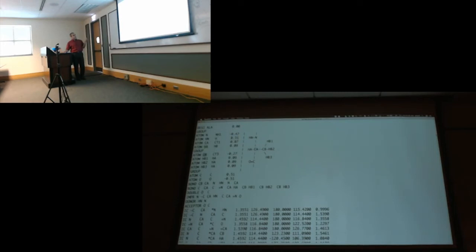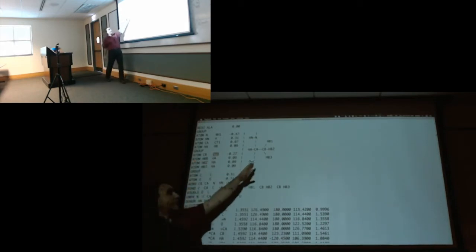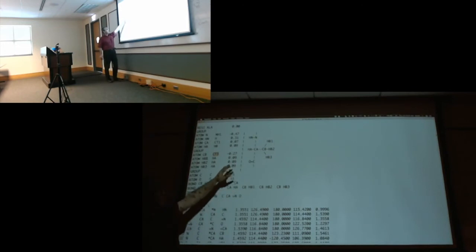And then we have C beta, which is a CT3 atom type. If there are 3 hydrogens connected to it, they have unique names, HB1, HB2, HB3, but they have exactly the same atom type, as they should, because they are identical chemically speaking. And their charges should be symmetrized. So that's what you need to do again if you are defining your own.